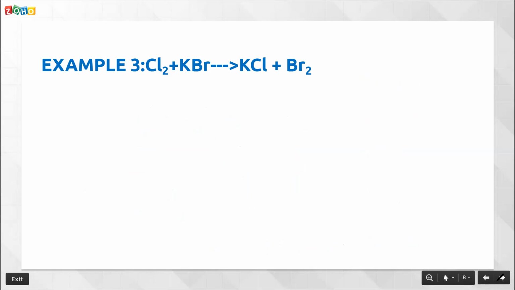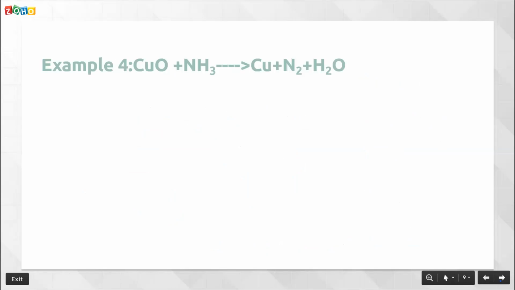Let us practice one more example here. The chemical equation is CuO plus NH3 gives Cu plus N2 plus H2O. Now this is more complex as compared to the first, second and third examples. First we'll point out the metal, non-metal, oxygen and hydrogen present in this chemical equation.